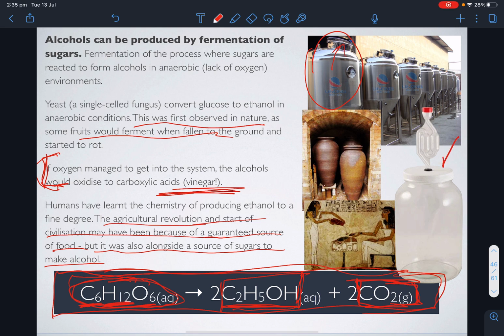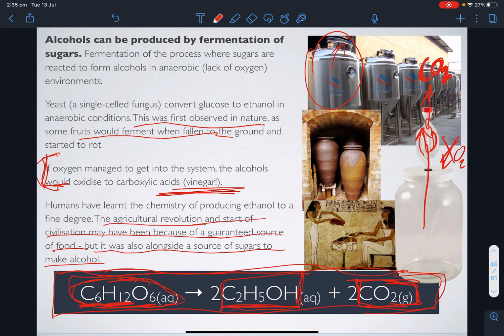We can't let oxygen in, but we need to let out some CO2, which is probably why it's got this funny thing there. Otherwise, if you don't let the CO2 vent, you get a big explosion. Very bad while fermenting. Fermentation vessels are glass, metal and so on, and you don't want shrapnel.